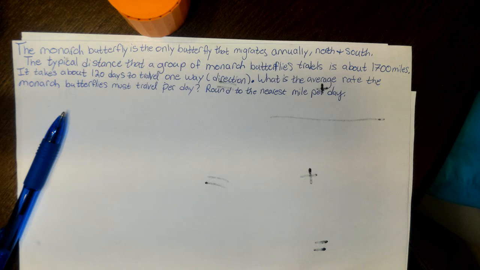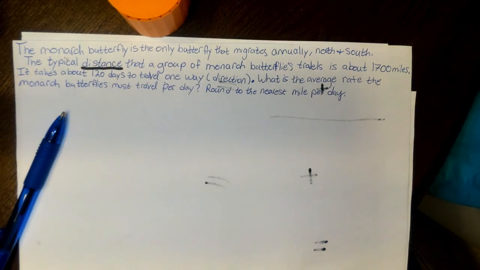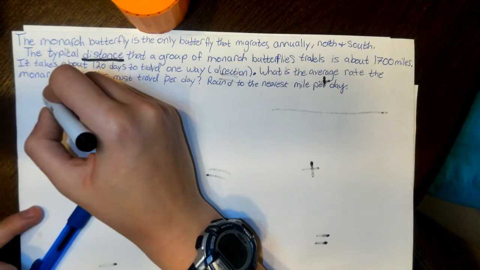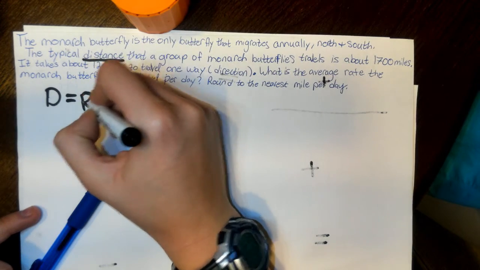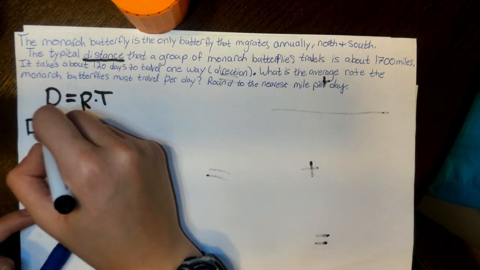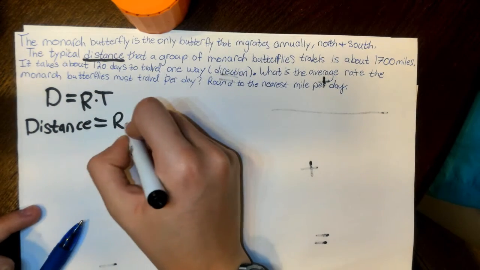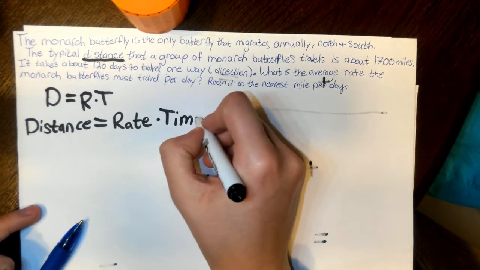So a key word that we want to look at is the distance. So we are going to want to use the distance formula, which is D equals R times T. So distance equals rate times time.